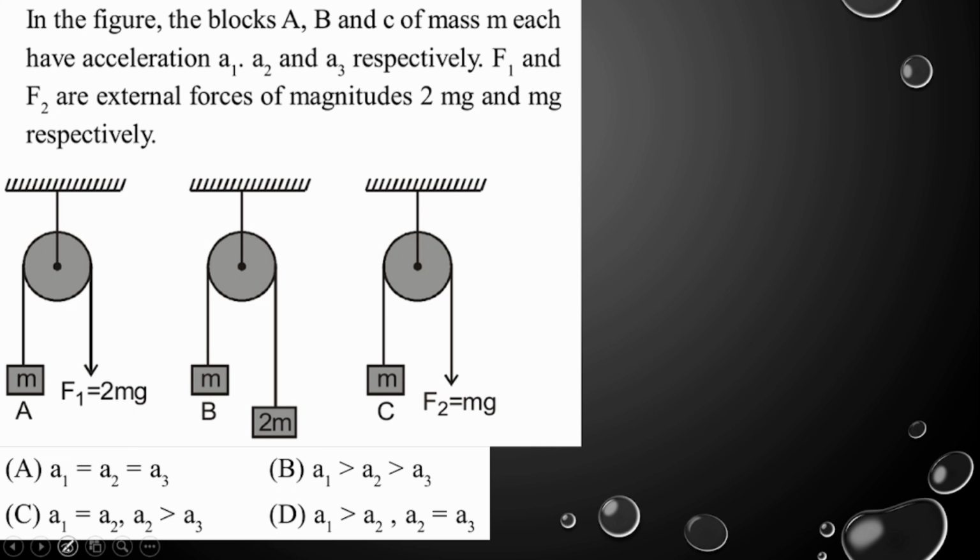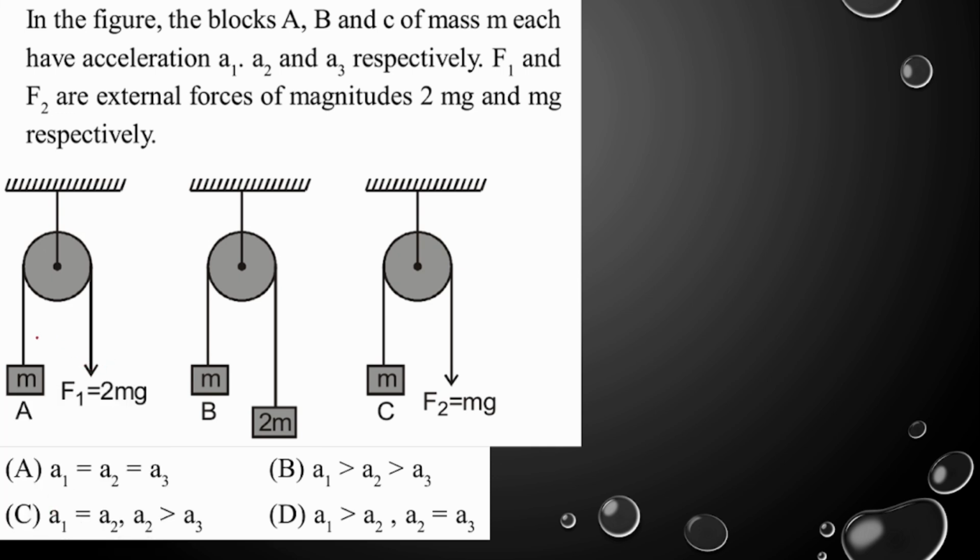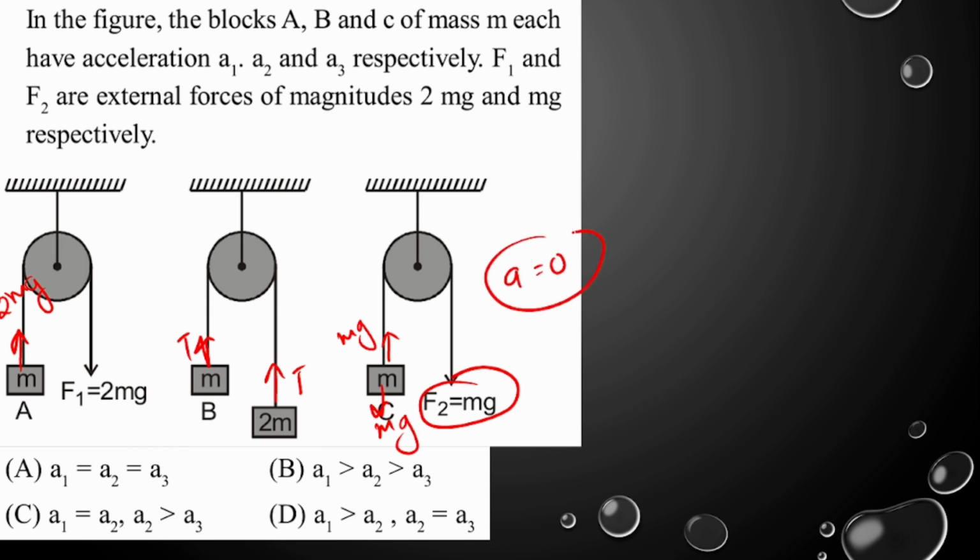Okay, next one is: here we will have 2mg, tension T here, and mg here. Mg acts downward and this force directly acts as tension, so the acceleration in this case is 0.